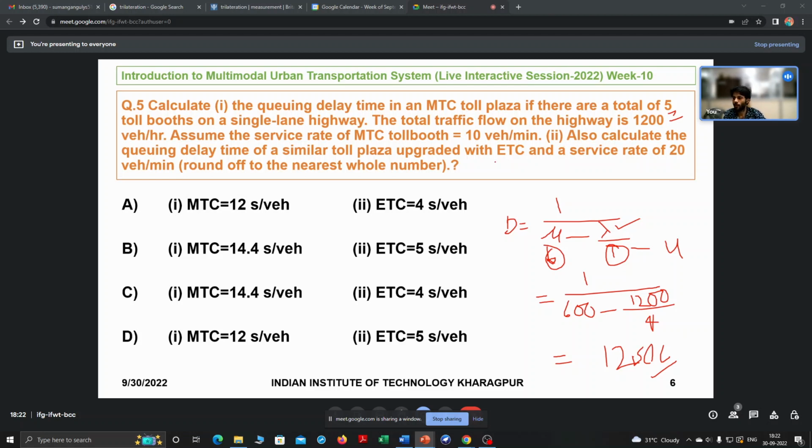So now if you upgrade it to ETC, what would be the value? Everything will remain the same, just your 20 will be 20 into 60, because it is given per minute, so per hour means into 60.